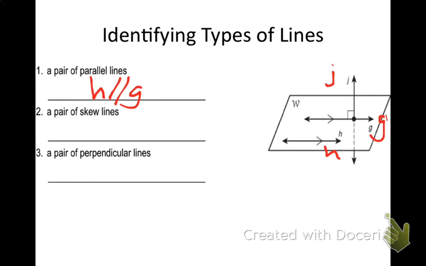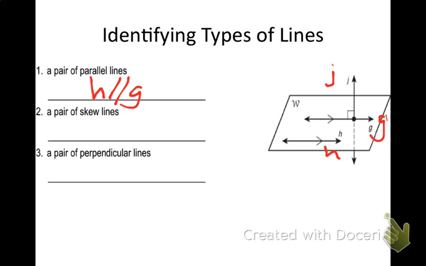What about a pair of skew lines? Now this is always the toughest one, identifying the skew lines. Skew lines are not parallel, but they're not going to intersect. So what are two lines that are not parallel and are still not going to intersect? What do you say, Caitlin? G and H we just said were parallel, didn't we?